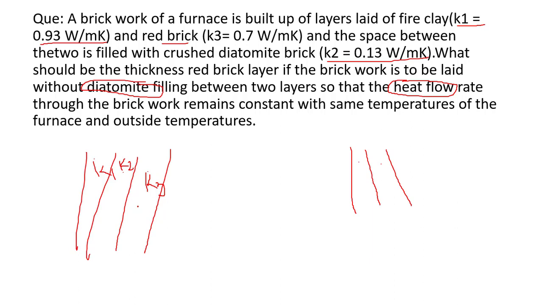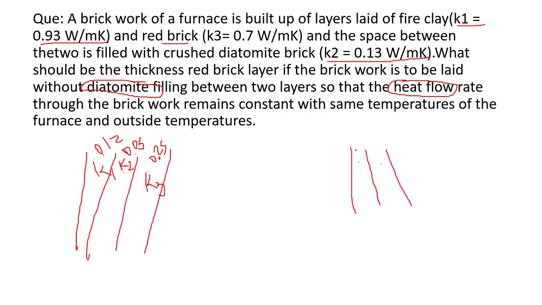Also the thickness of all layers is given. For fire clay the thickness is 0.12 meter. For diatomite the thickness is 0.05 meter, and for red brick it is 0.25 meter when we use diatomite.